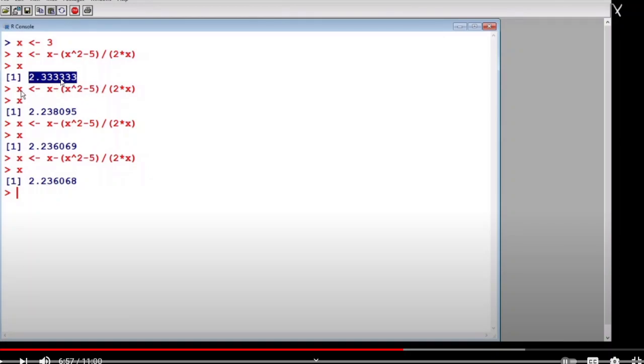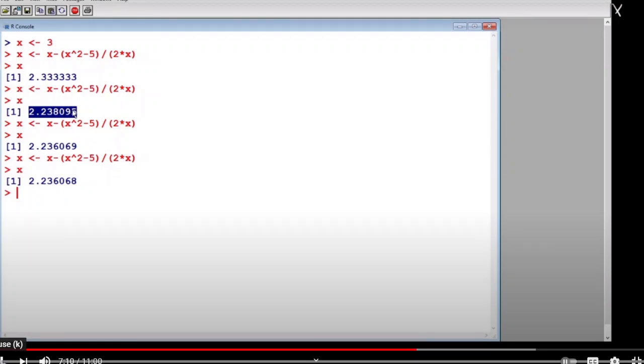The x1 value is 2.3333 something, stored in x. This line is again the Newton's method formula. After applying it when x is x1, and storing the value in x again, the next number is going to be x2.